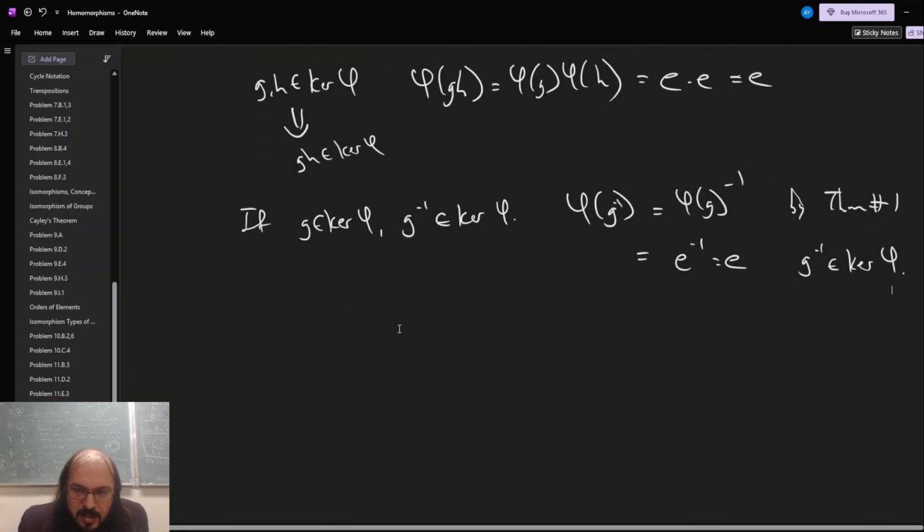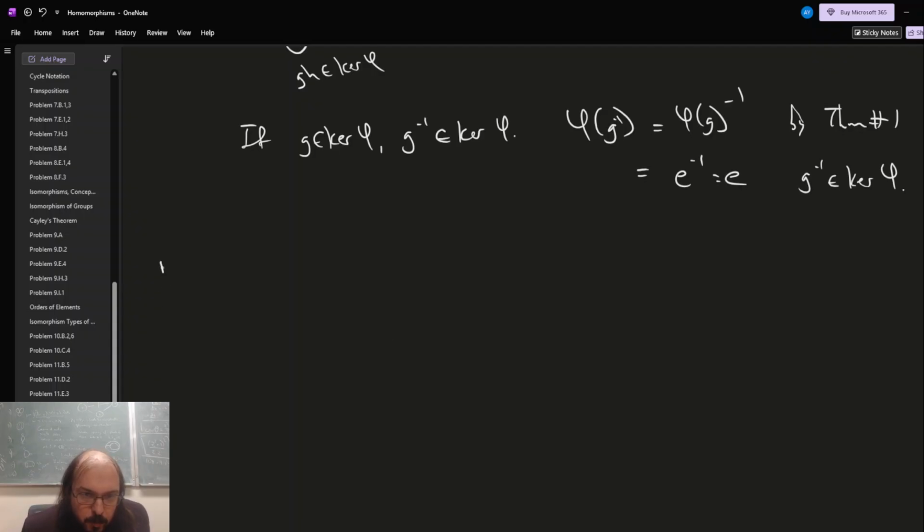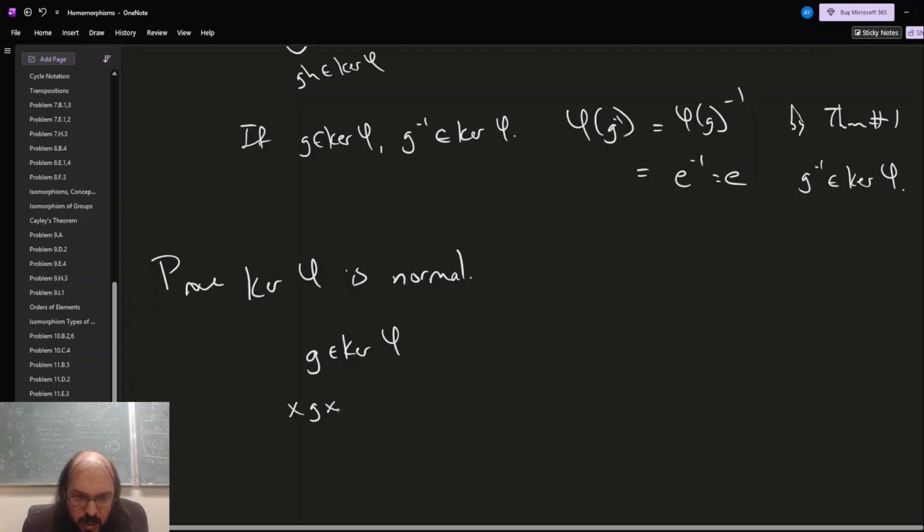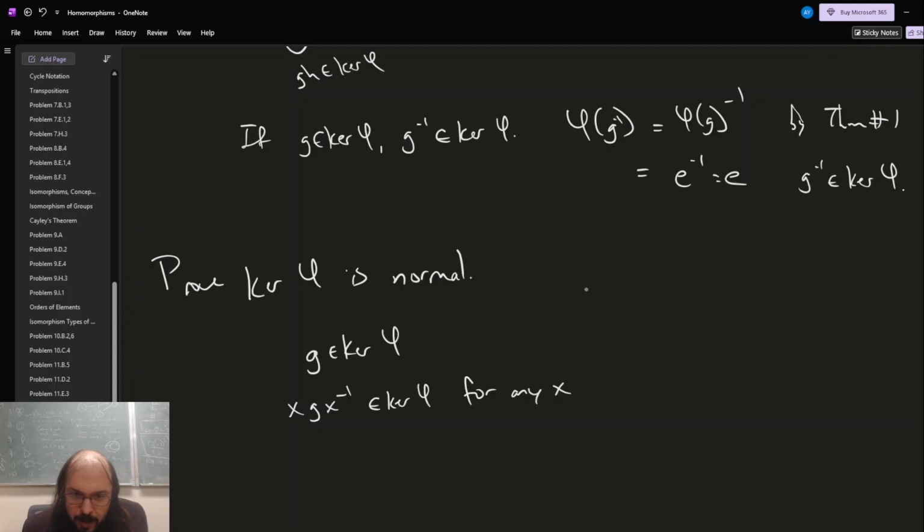Okay, next step is to prove that the subgroup is normal. Well, this means that if g is in the kernel of phi, then x g x inverse is also in the kernel of phi for any x. So let's calculate what is phi of x g x inverse.